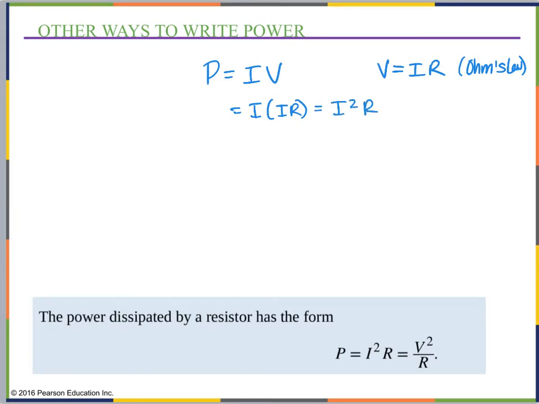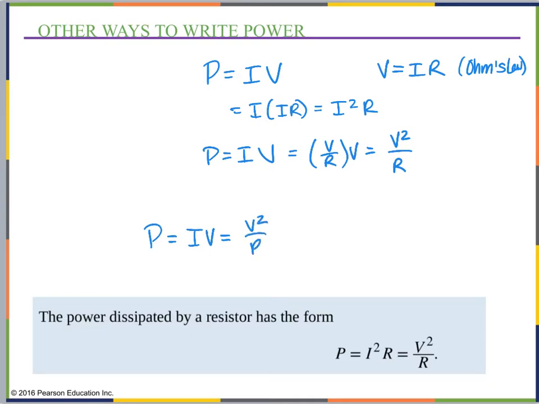And so then we could say that the power could be written as I squared times R. And then what if we also took Ohm's law and rearranged it, and for the current we wrote it as V over R, and then I could write it as V squared over R. So it turns out that we have three different ways that we can express the power either lost or gained in a circuit.